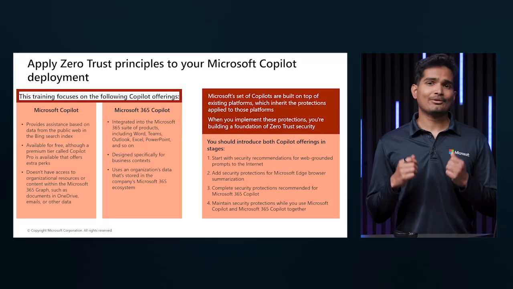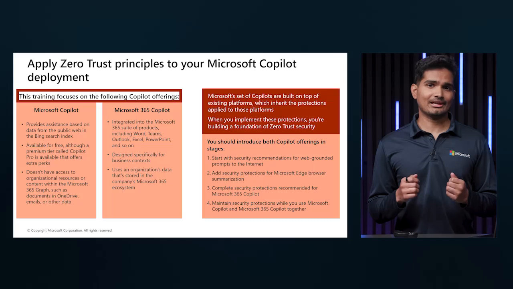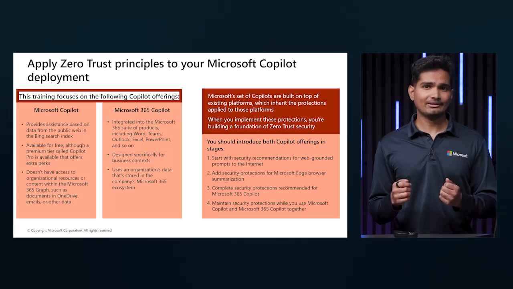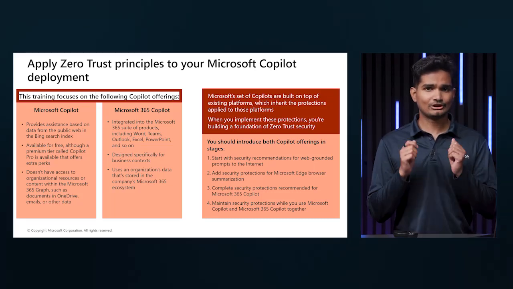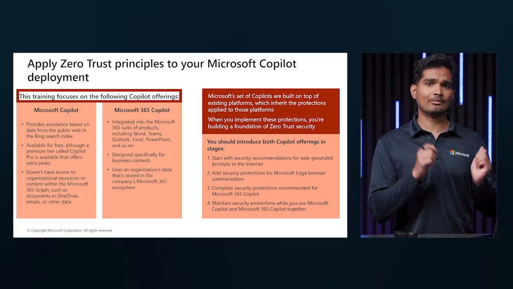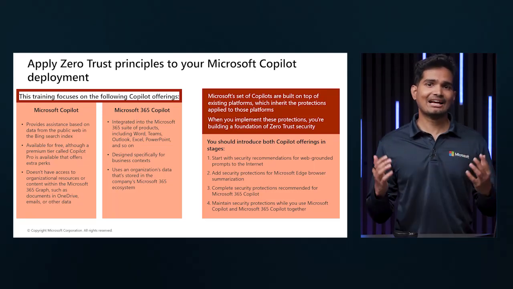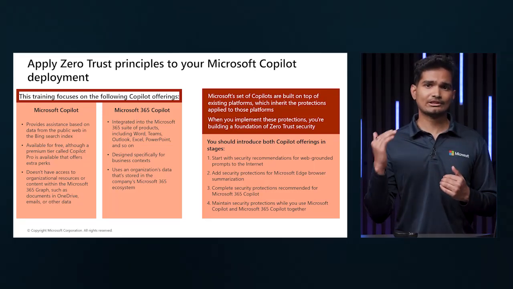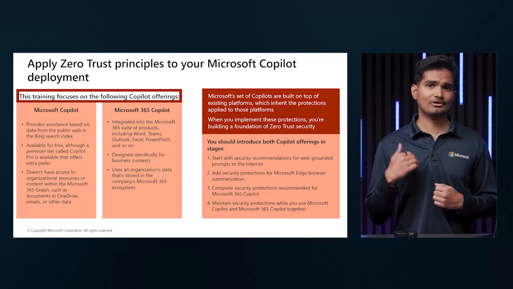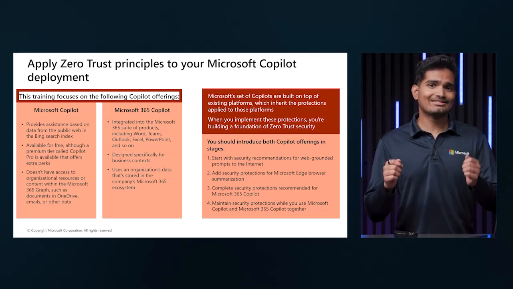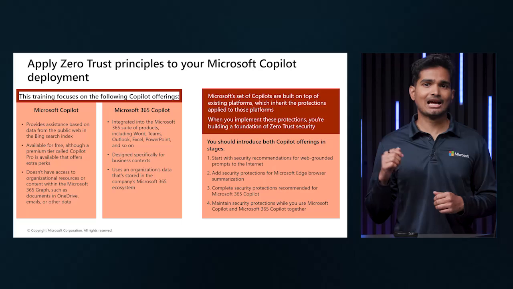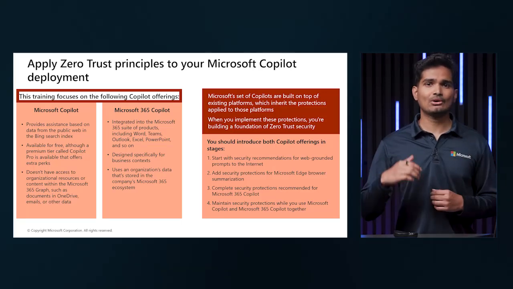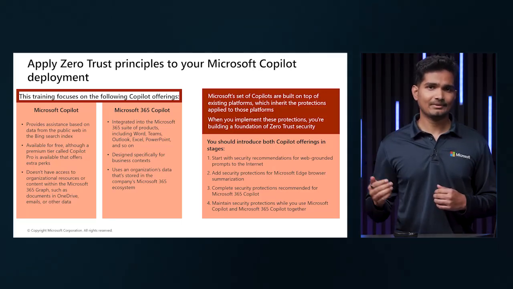There are two main offerings we really need to understand. Microsoft Copilot is available for free, which can return data from the public web. It doesn't have access to organizational resources or content within M365, which means that it won't access data from documents in OneDrive, emails, or other organizational data.